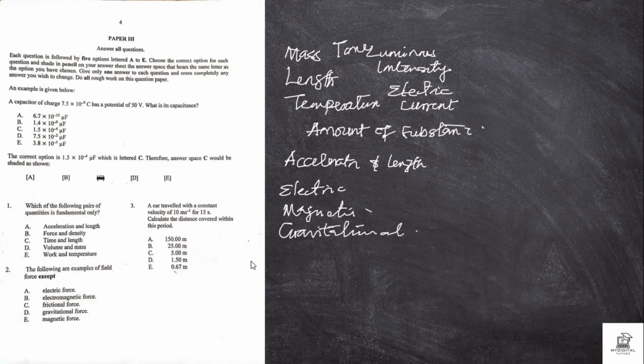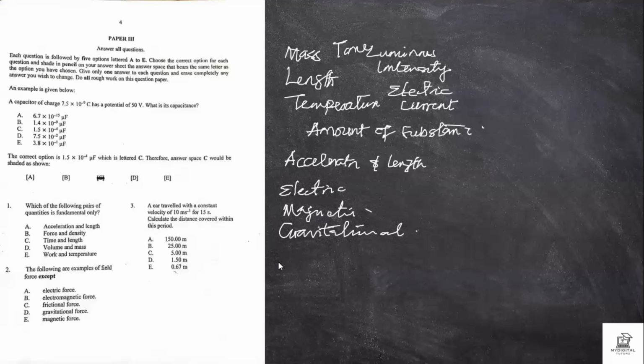So now looking at the options here, we have electric force, electromagnetic force, frictional force, gravitational force, magnetic force. So the following are examples of field force except one. So the correct option here is frictional force. Frictional force is an example of contact force. I hope it's understood. So option C is the correct answer.